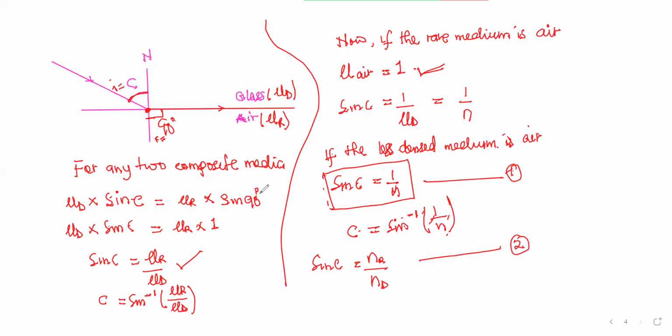Oh, I get your question. No, Frank, sine 90 is 1. But if the less dense medium is air, then the refractive index of the rare medium will also be 1. So it's more or less like 1 times 1. Are you okay? Yes, please. That's all.